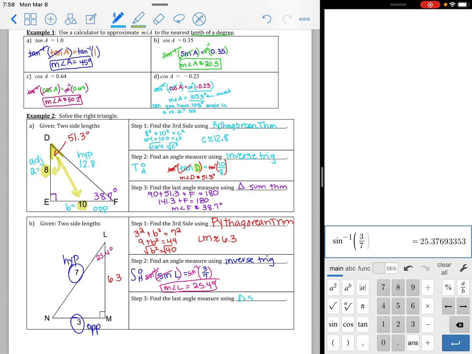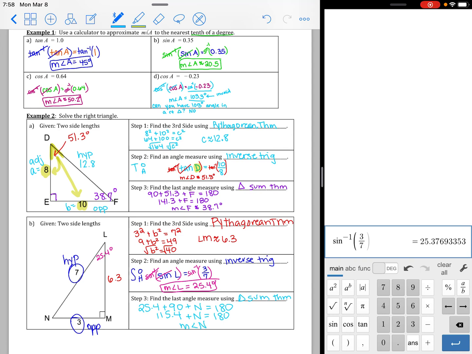So the last thing we have to do is find the last angle measure. So we're going to find that using the triangle sum theorem, which says that all three angles should add up to 180. So I'll do 25.4 plus 90 plus whatever angle N is going to equal 180. If I add 25.4 to 90, that is 115.4 plus whatever that missing angle is will equal 180.